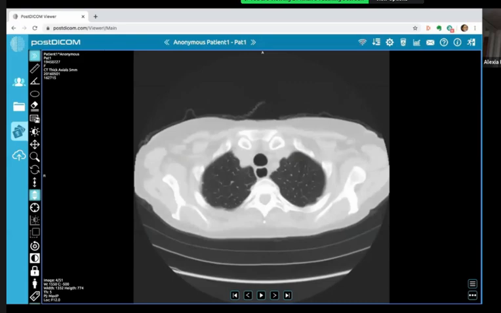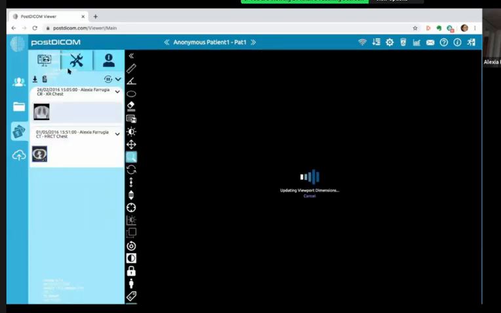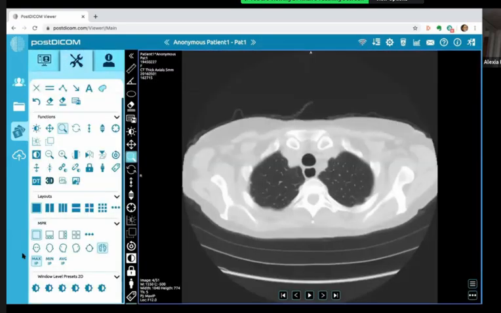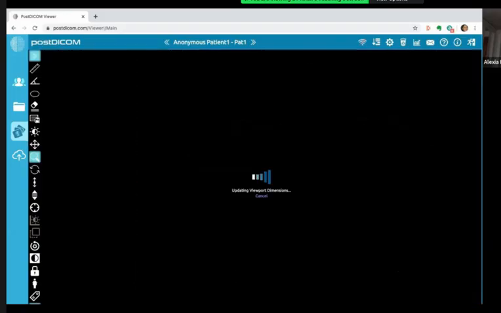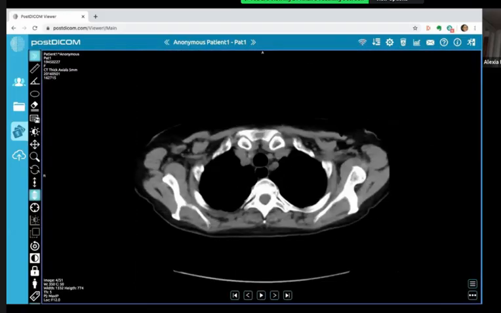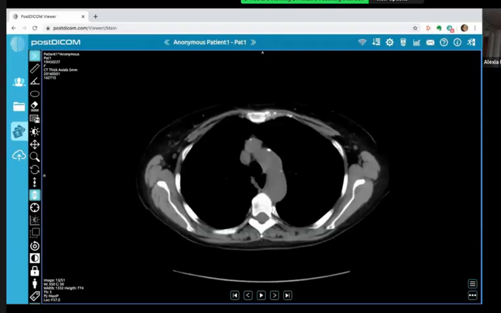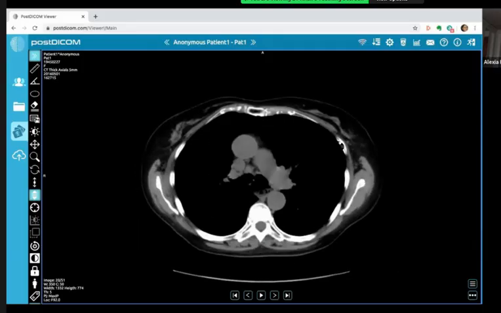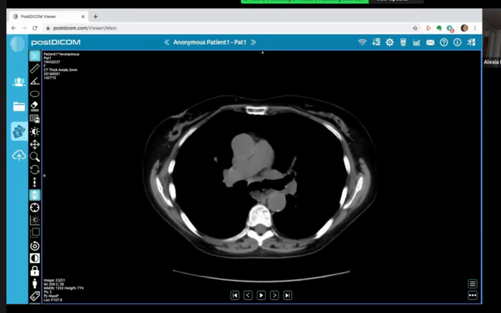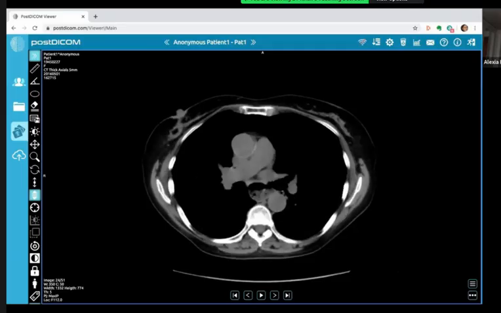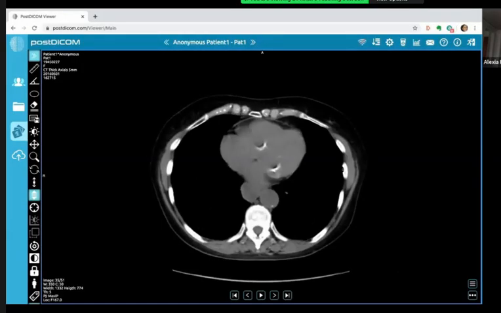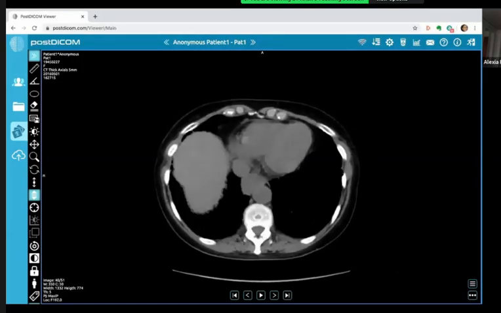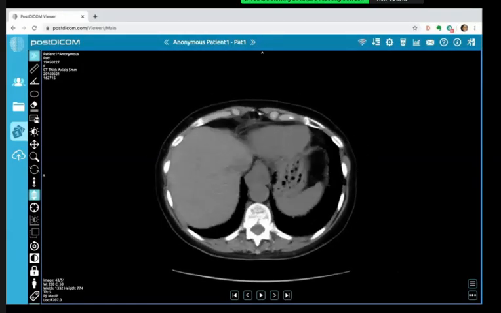Now I'll go to the mediastinal windows and have a look at the mediastinum. See if anything catches your eye there.